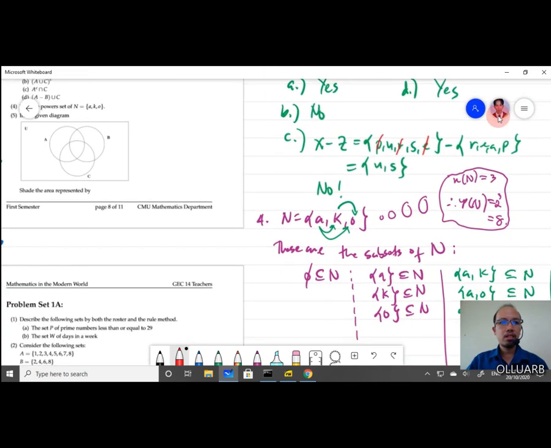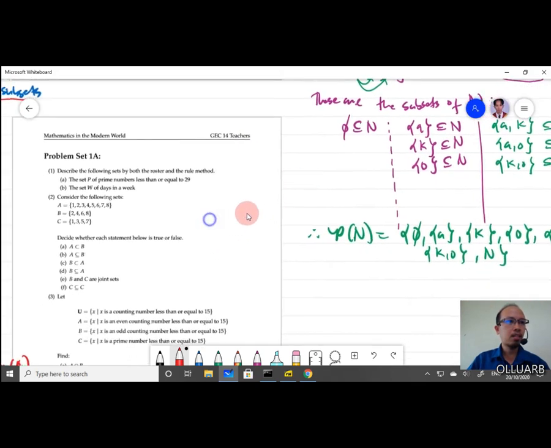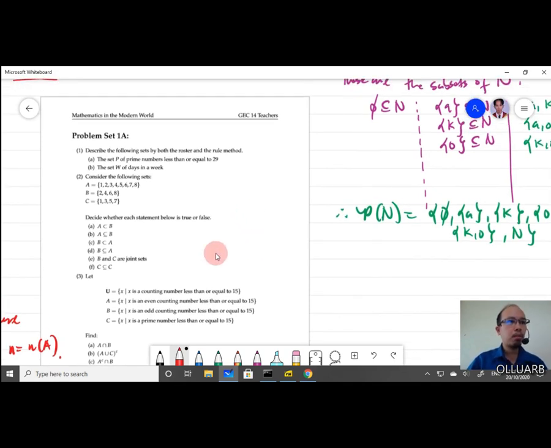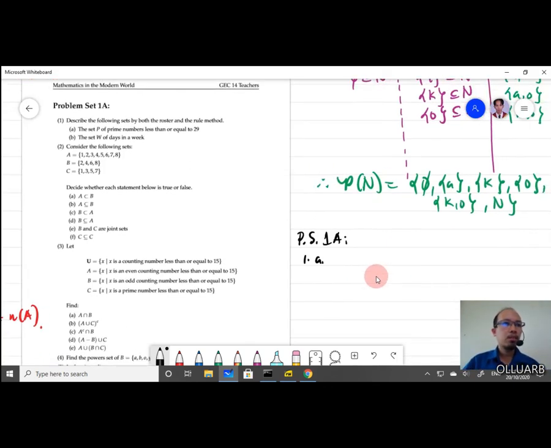Okay, so for the problem set 1A, number 1. So again, you are going to write this set in roster and rule method at the same time.